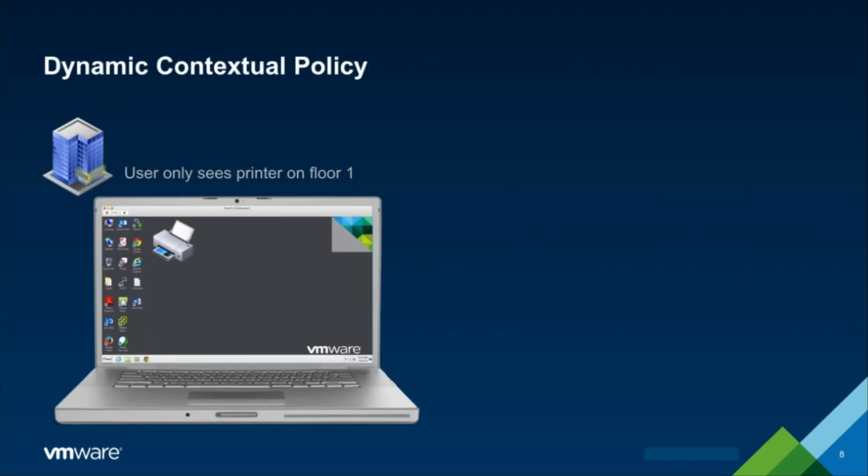This also means that we gain new flexibility. Another new feature inside of Horizon is the ability to have dynamic contextual policy. So a use case for this might even be something like healthcare, where you might have a user who's carrying around their device. And this could be a Chromebook, could be a thin client, it could be a tablet device, it could be their own device or one provisioned from IT.